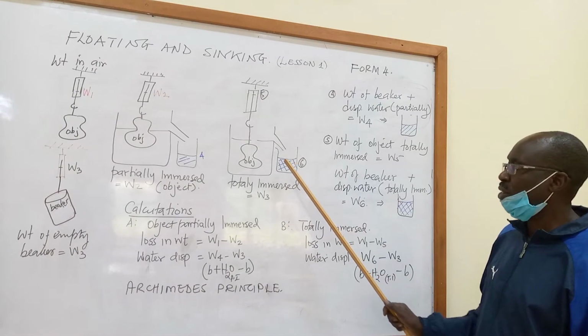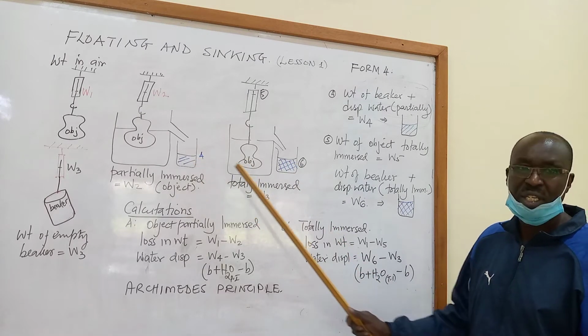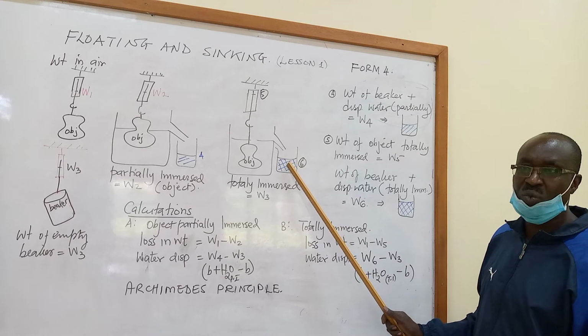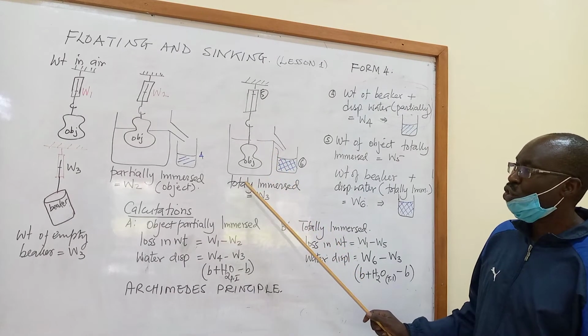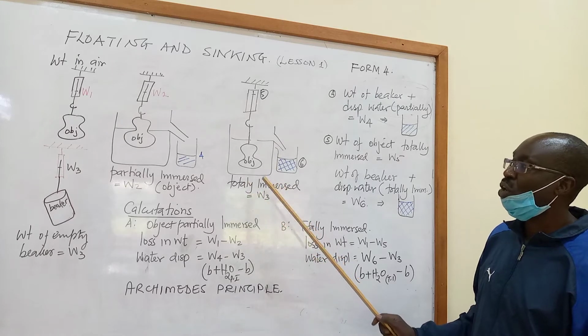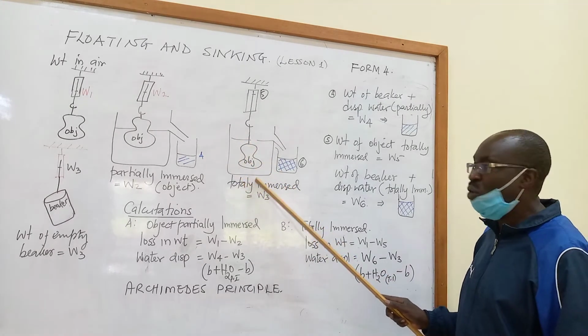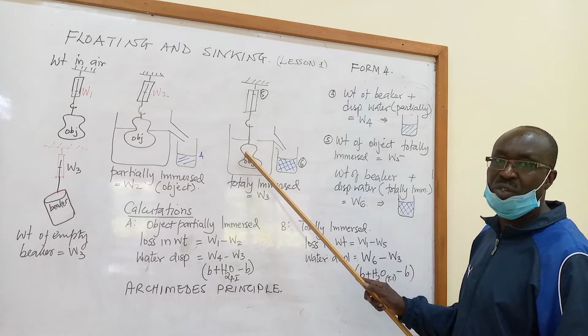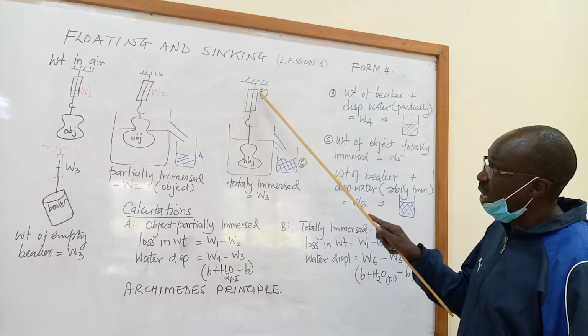Which additional water? You can see I've tried to give a difference between this and that. This water displaced is due to total immersion of the object. The weight of this object, when it is inside the water, we read it there.